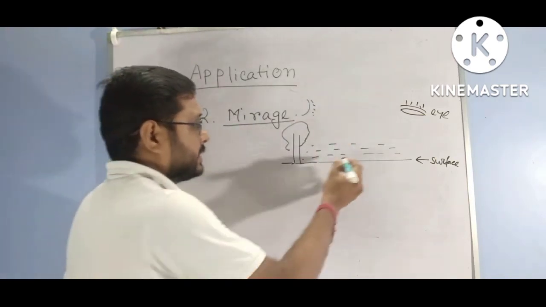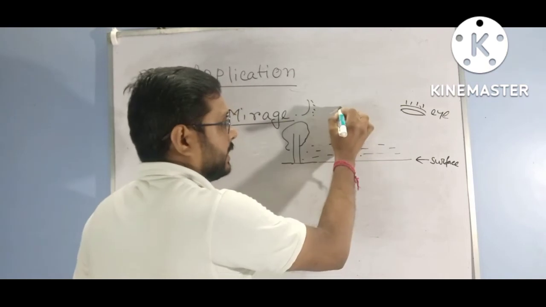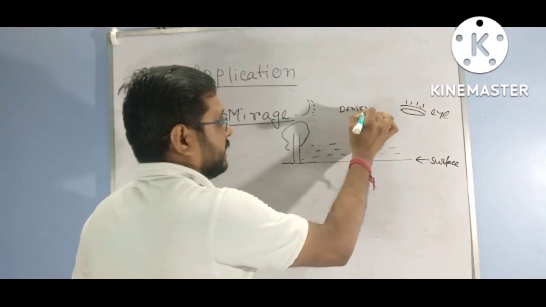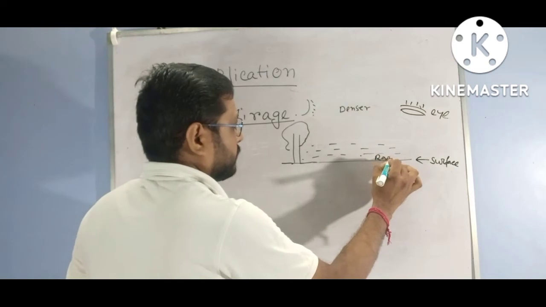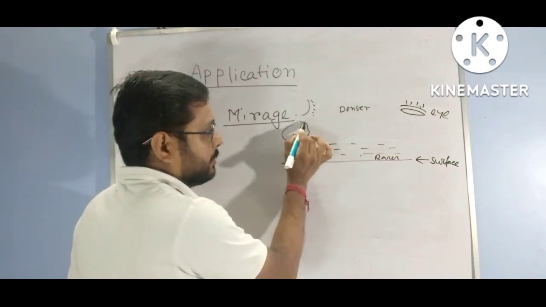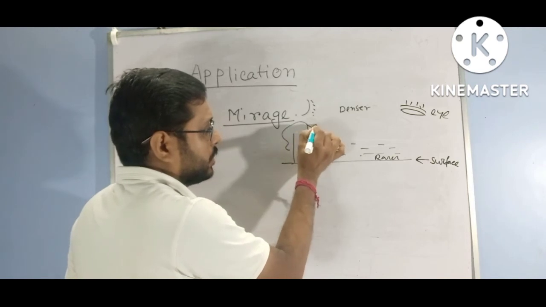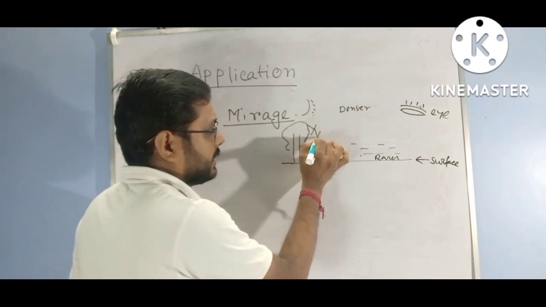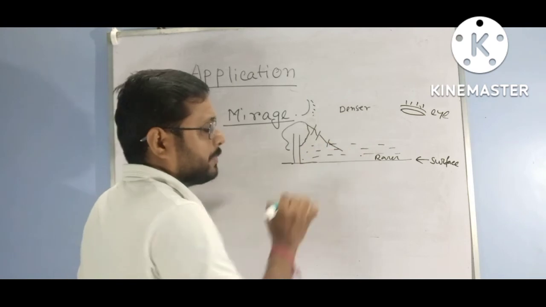So this is treated as the rarer medium and the upper as the denser medium. Now when light comes from this tree, it goes from denser to rarer medium. So in every case the refracted ray bends away from the normal.